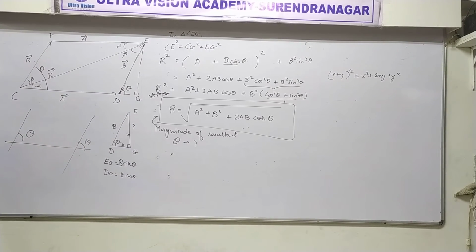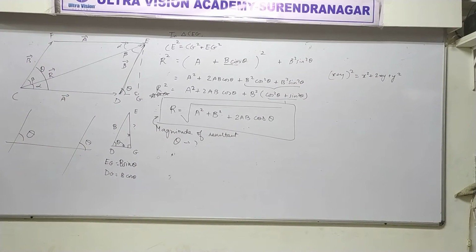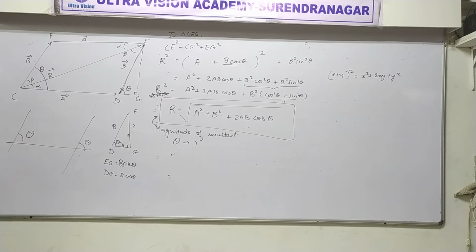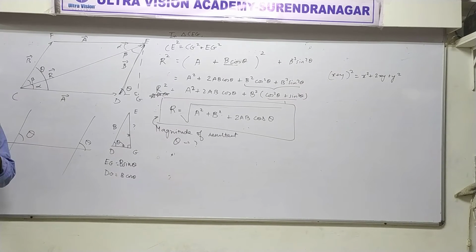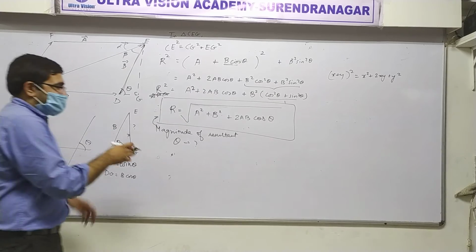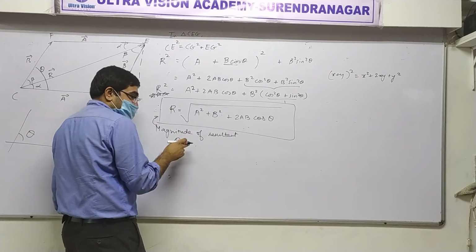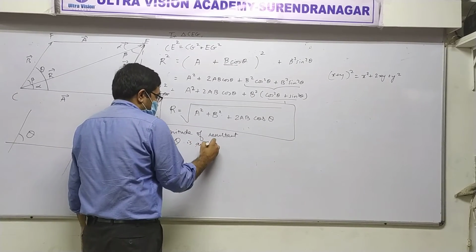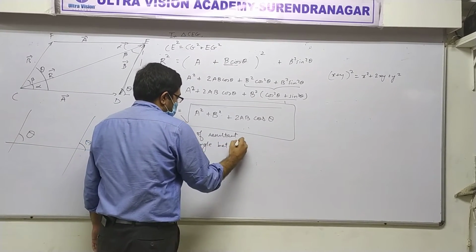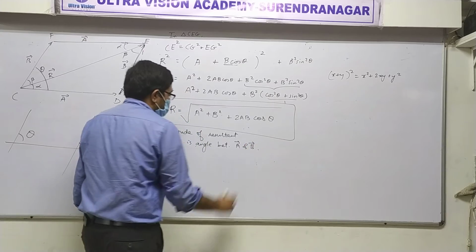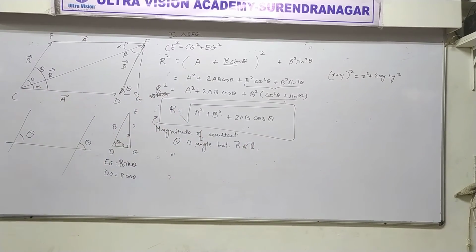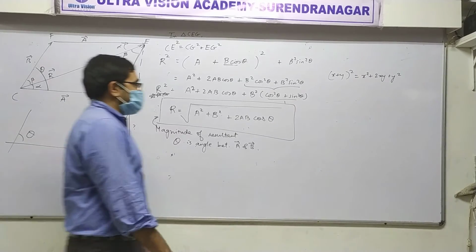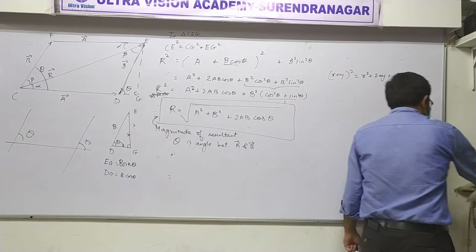Angle between A vector and B vector. Is that absolutely clear? Yes. Let's write it here. Theta is angle between A vector and B vector. Okay. So this is the formula of magnitude of resultant.